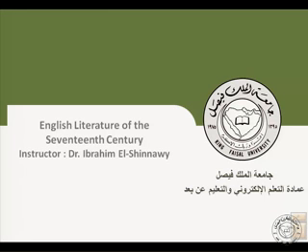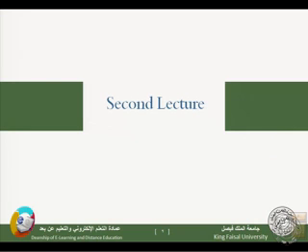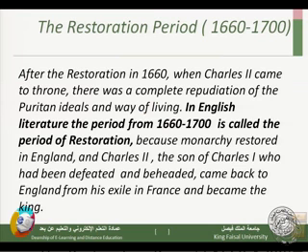In the previous lecture, if you still remember, we explained that part about the Puritan age or the age of Milton, and it started in 1600 till 1660. Now let's move to the second lecture, or the second half of the introduction about the English literature of the 17th century.